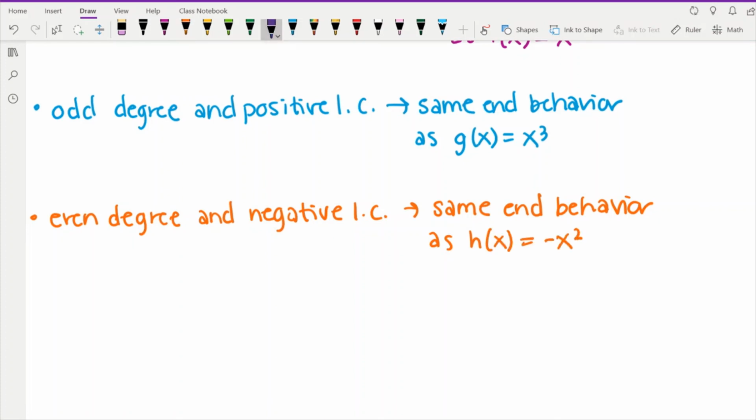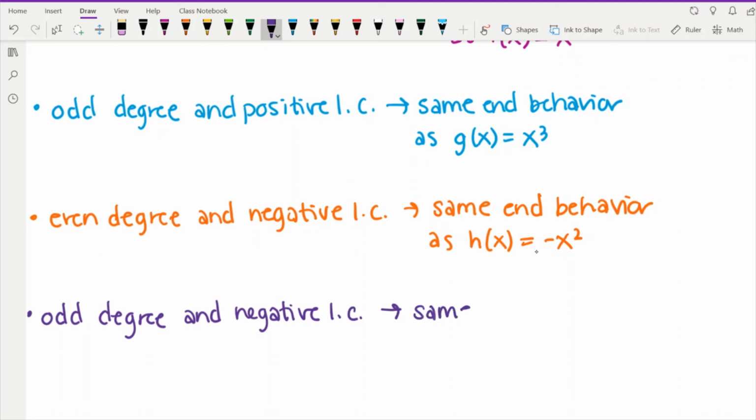And then finally, if you have an odd degree and a negative leading coefficient, that's going to give you the same end behavior as k of x equals negative x cubed.